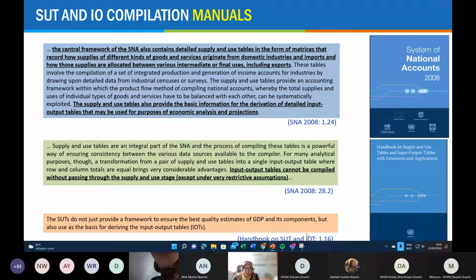And then from Handbook on SUT and IO table, Chapter 1, Paragraph 16, we know that SUT do not just provide a framework to ensure the best quality estimate of GDP, but also it used as a basis to derive input-output tables. So from these manuals, we can see that it is impossible to compile IO table without compiling the SUT table.